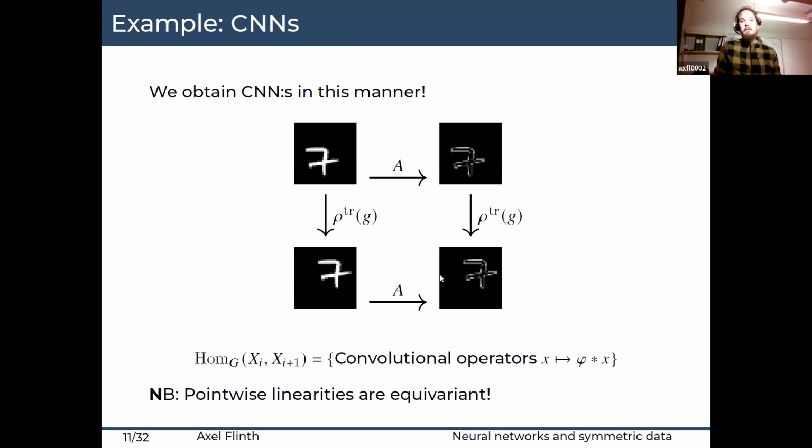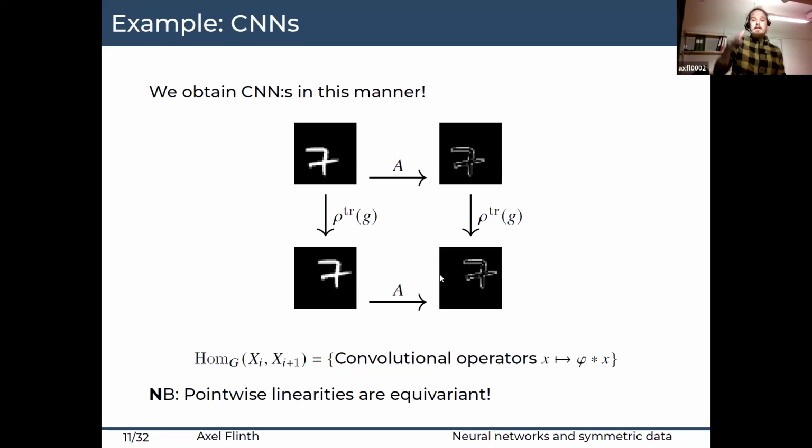For instance, if we perform this construction on a fully connected neural network, and we choose the translation operation on each space, we naturally obtain convolutional neural networks.